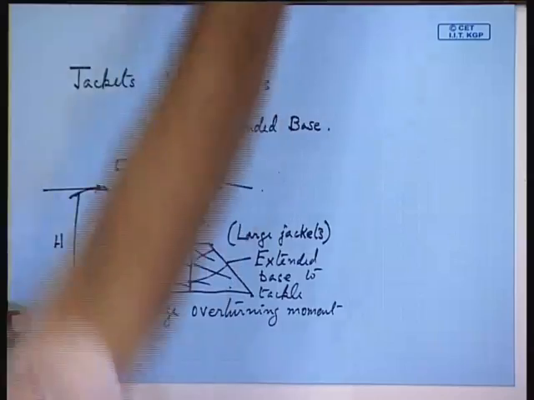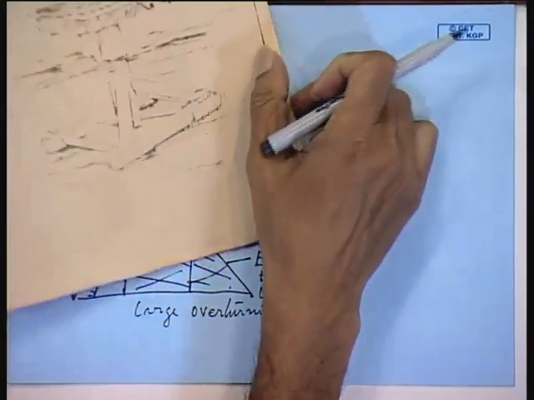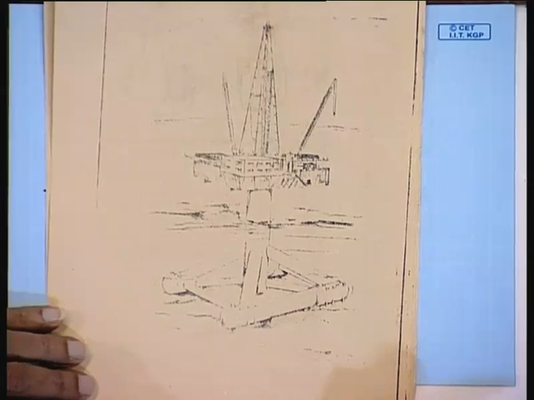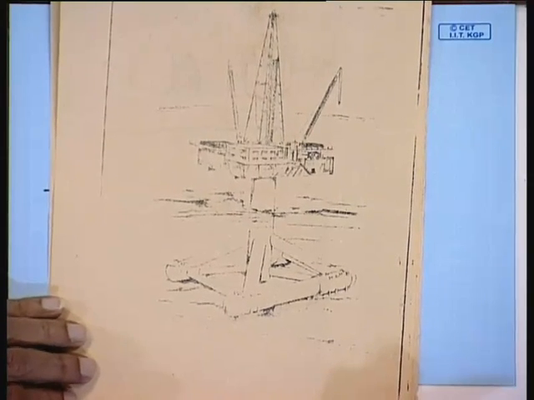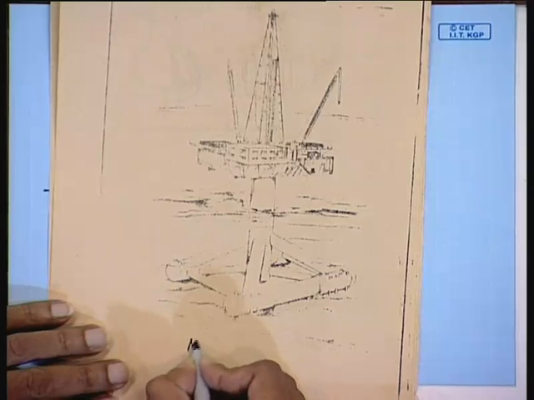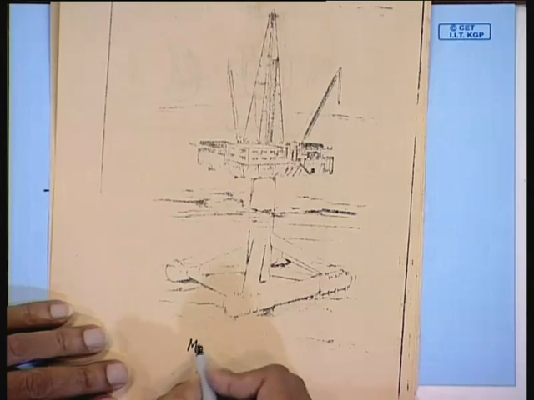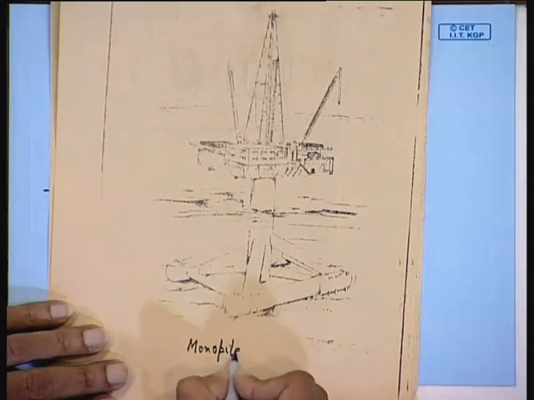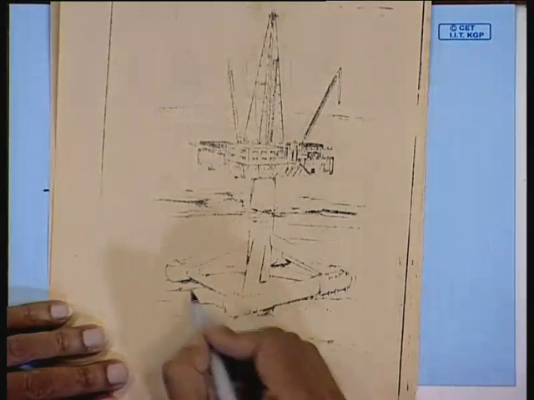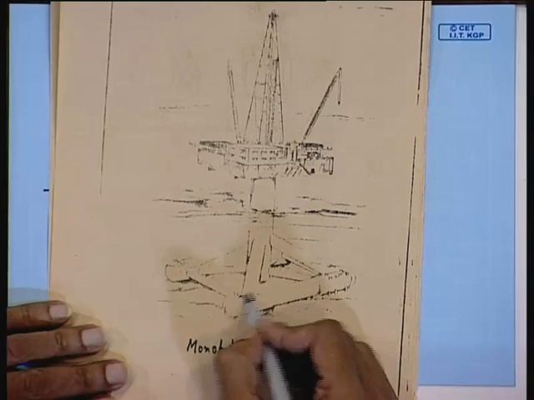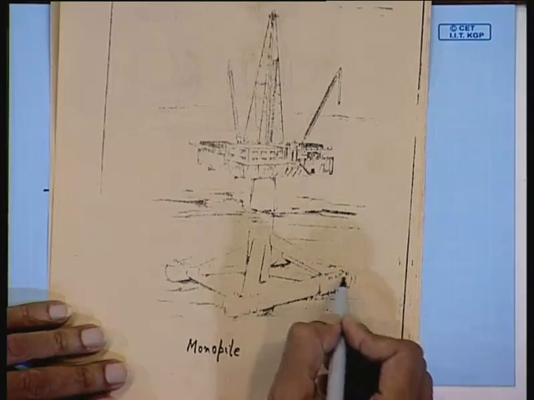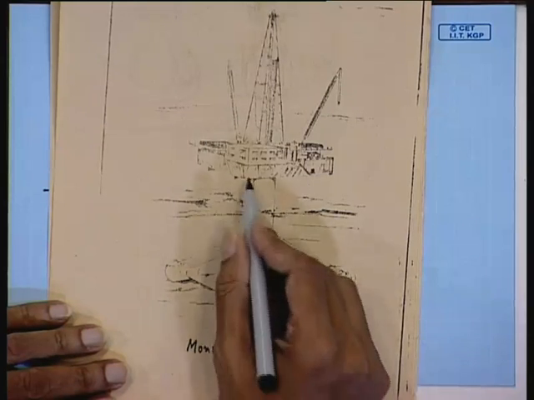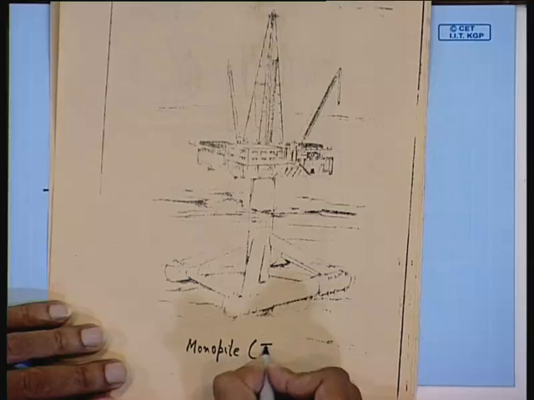Now, tripod, before we go to tripod, you can see here there is another sort of structure. This is called a monopile. So, this is also a tripod type of structure. You can see at the seabed there are two cylindrical bases that are connected by monopile, and you can call this a tripod.